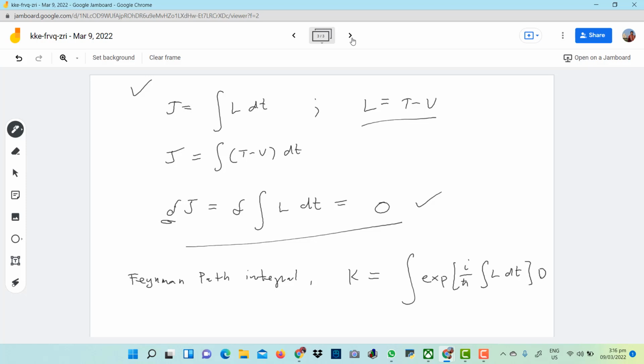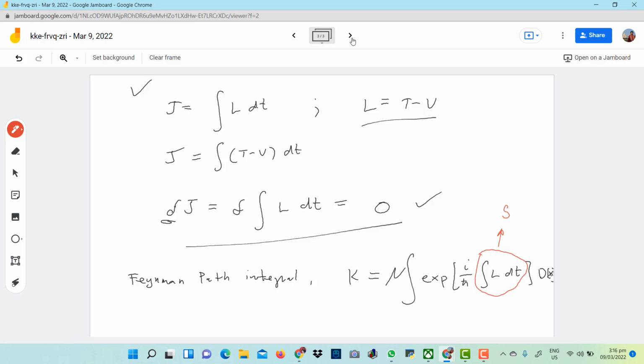Here dx is the measure, and there is some normalization constant. As you can see, the Feynman path integral contains the integral of L dt. We call this S. Here we call it J, so we can use either J or S.